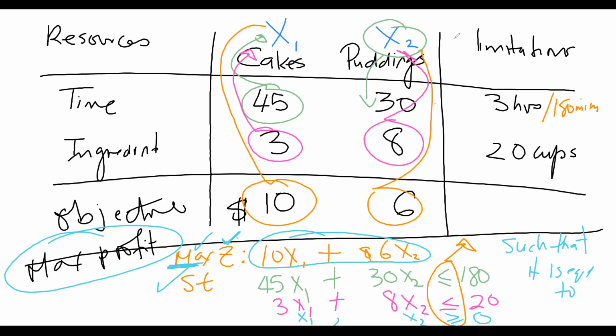She also only had 20 cups of flour. She can only use 20 or less than 20. Suppose it had said she needs a minimum of 20 cups. It means that she could use 20 or greater than 20.